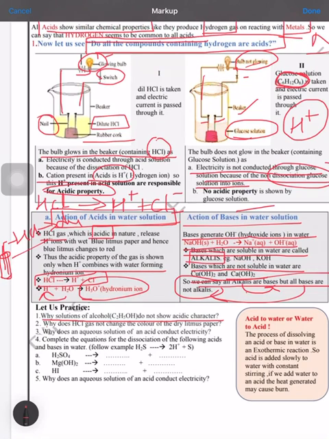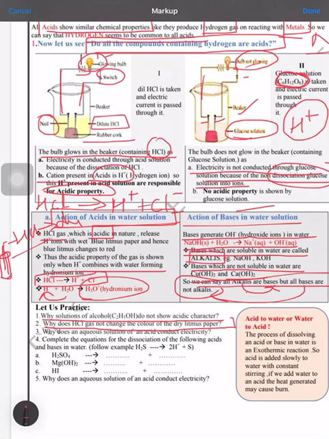Second is, why does HCl gas not change the color of dry litmus paper? This activity is given in your NCERT. When the HCl gas is passed on the dry litmus paper, the dry litmus paper does not allow the HCl to go into the ionic state.